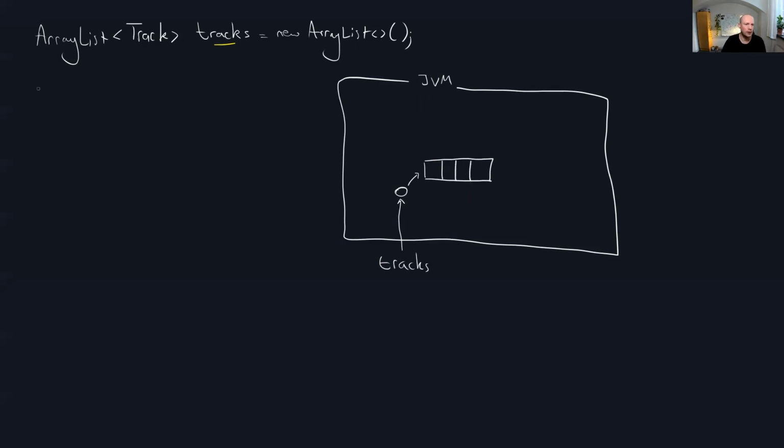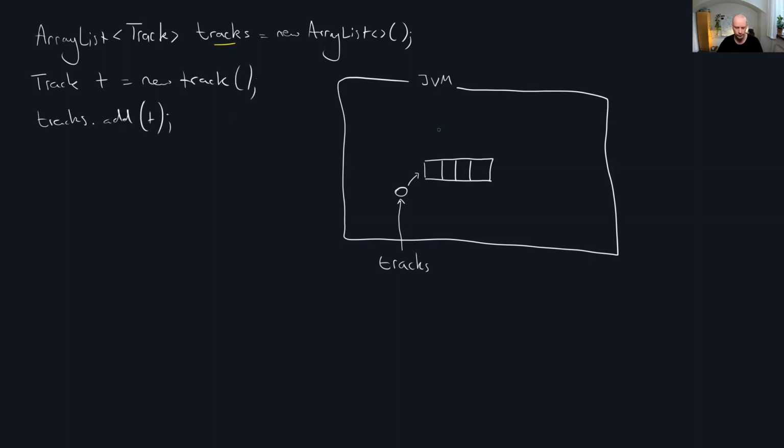And if we come along and say, okay, Track t becomes new Track, then we can say tracks.add(t) if we want to add our track to this, and let's keep proper Java.